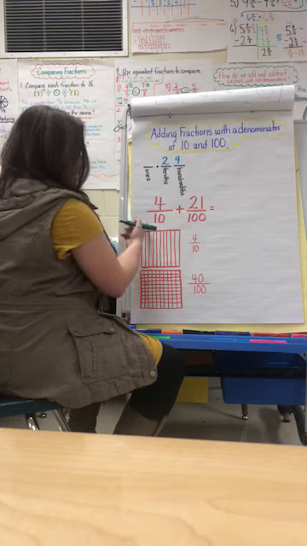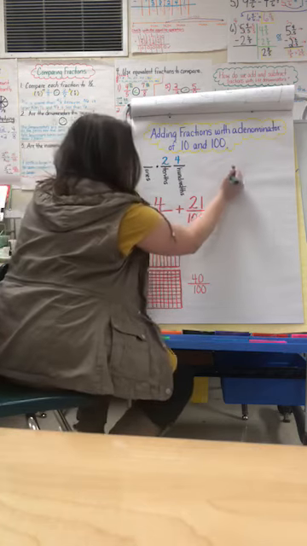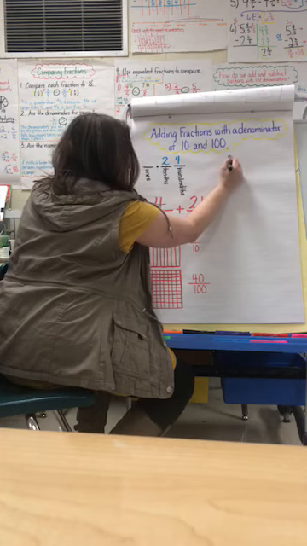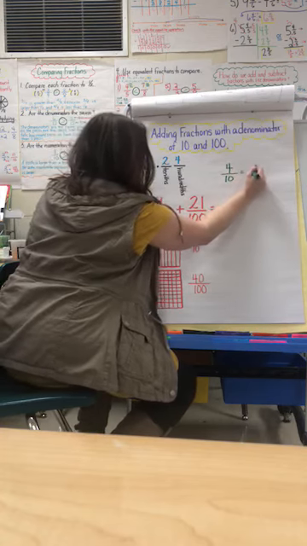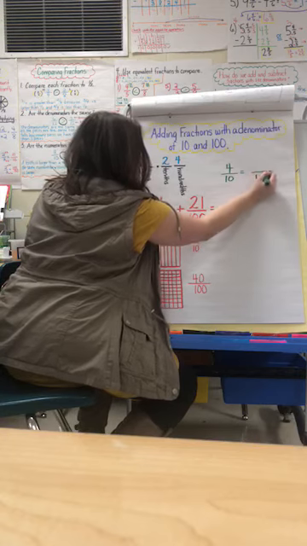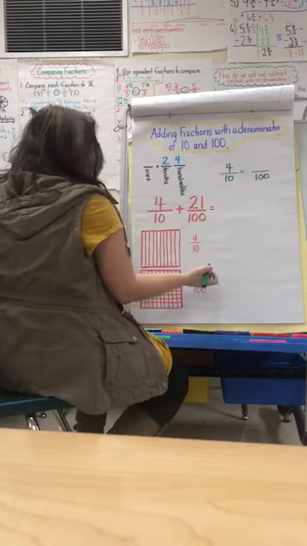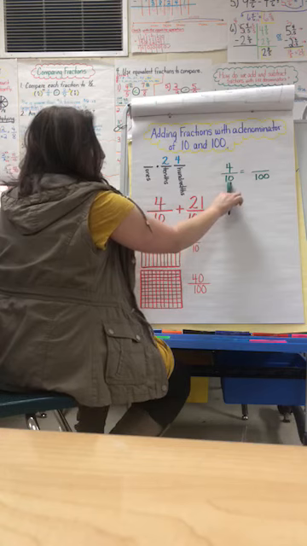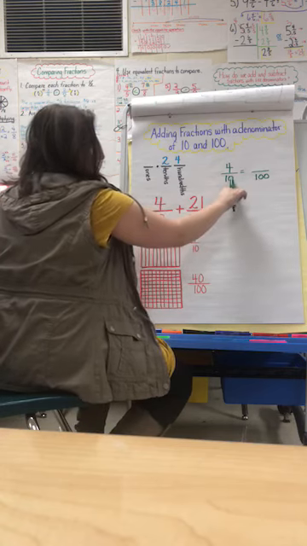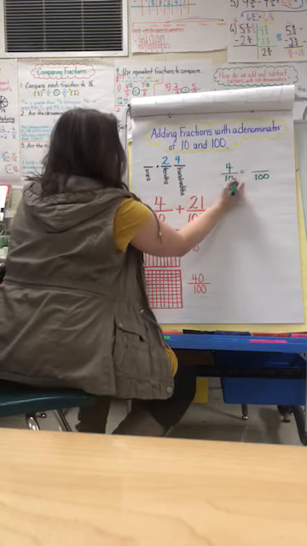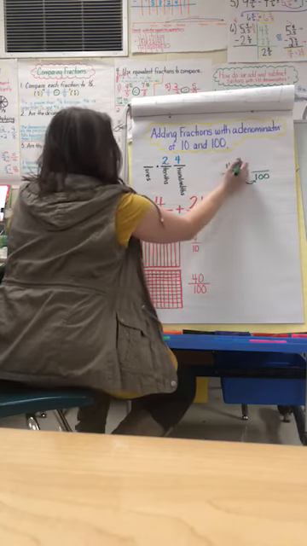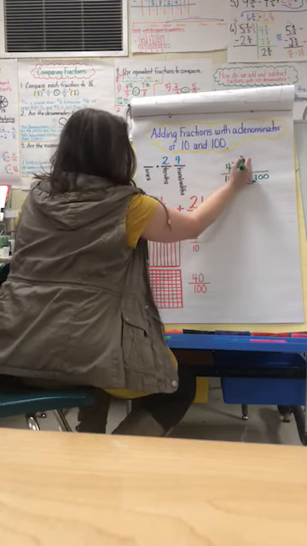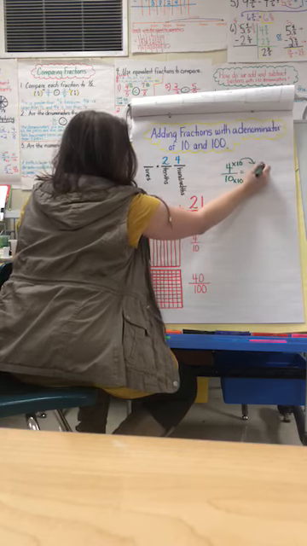So the way that the kids learned to find equivalent fractions a few weeks back was to multiply or divide the top and bottom by the same number. So if we wanted to tell the fraction that is equivalent to this but in hundredths, we would multiply the bottom by 10 to get 100, and the top by 10 would give us 40.